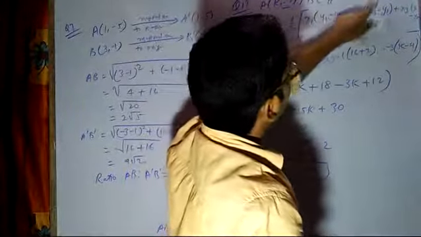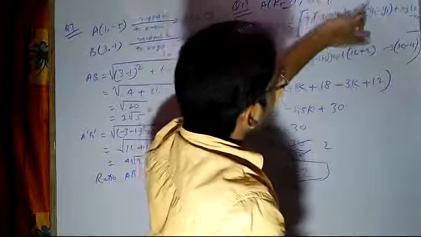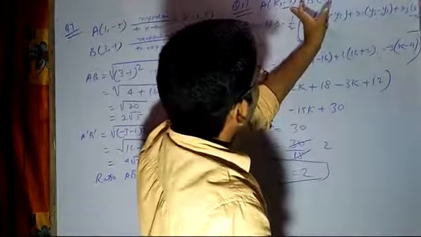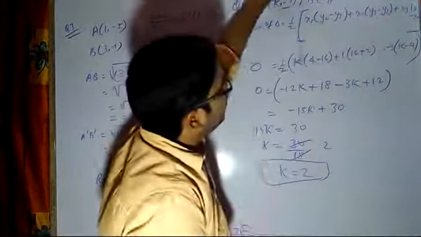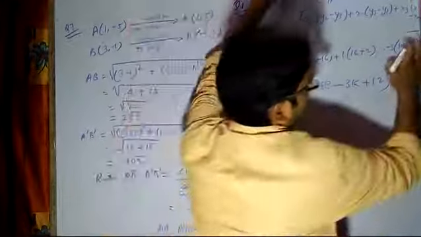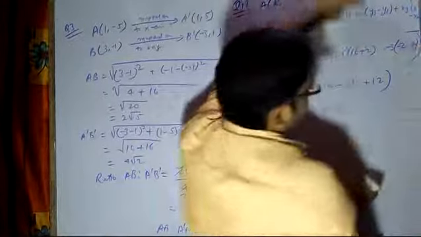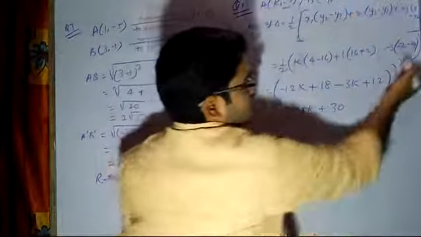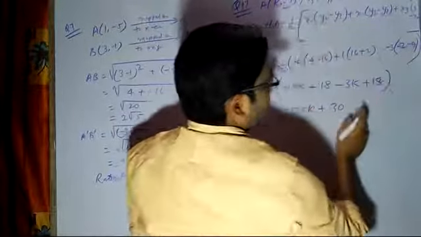Then we are having 16 plus 2, 18, correct. Then where is that? Y1 is minus 2, minus 2 minus 4 is minus 6, plus 18.